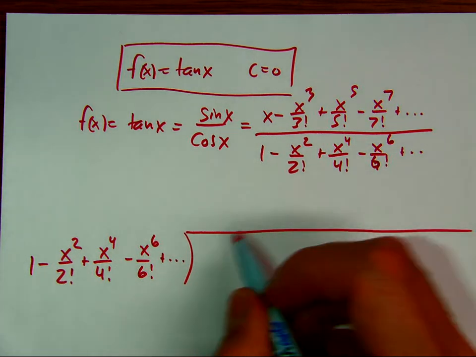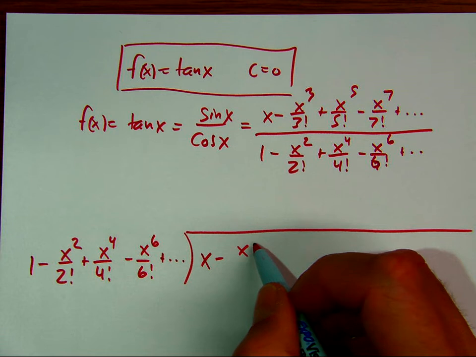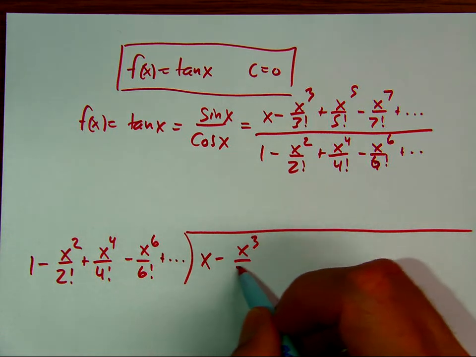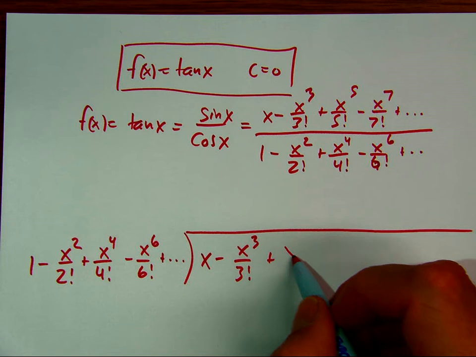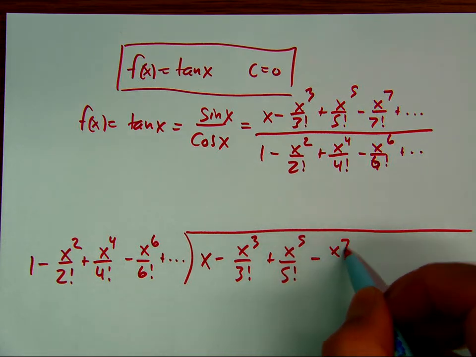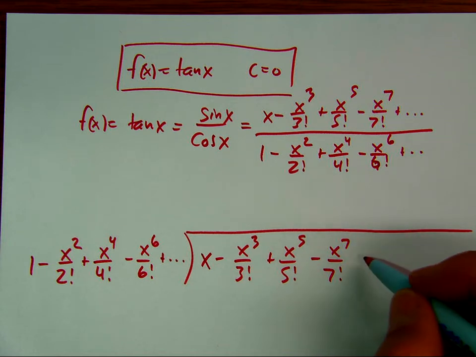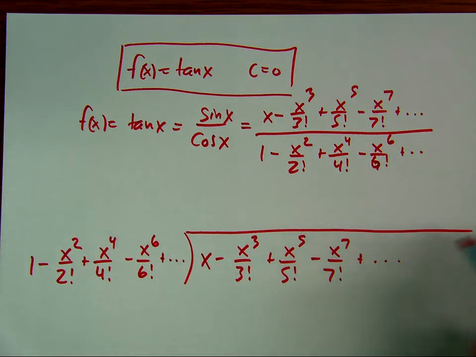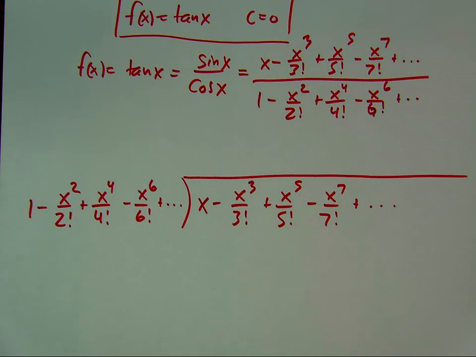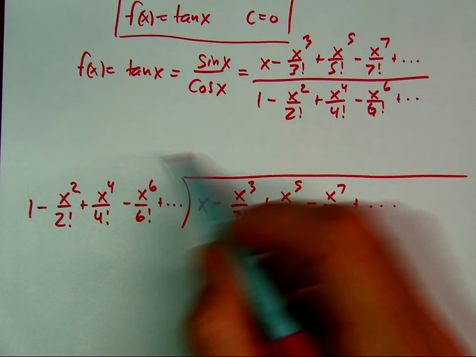And then we'll have, all right, we need to multiply by something times 1 to get x.